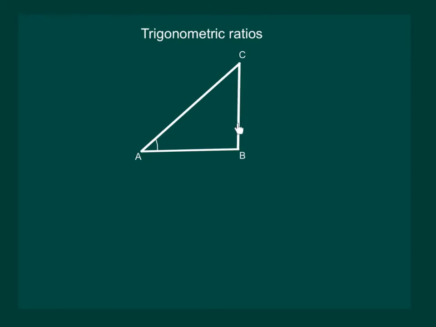Now note the position of side BC with respect to angle A. We can see that it faces angle A, so we can call it side opposite to angle A. We know that AC is called the hypotenuse of a right triangle since it is the side opposite to the right angle, and the side AB is a part of angle A, so we call it side adjacent to angle A.